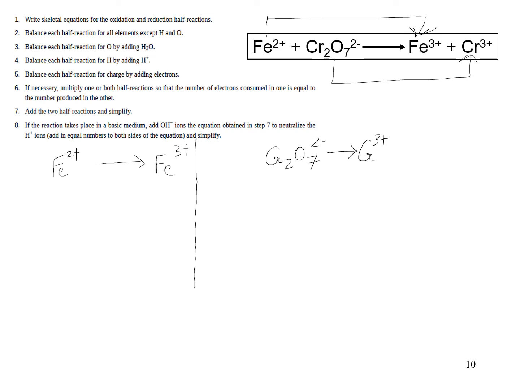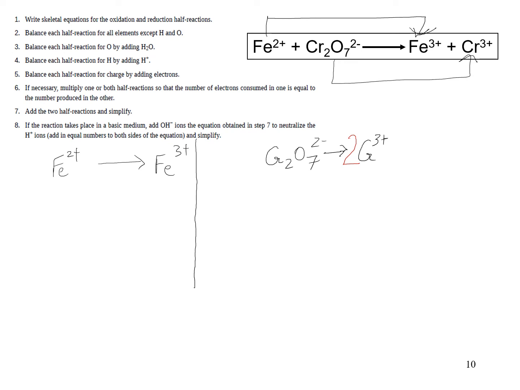How many do I have on the reactant side? 2. On product I have 1, which means I have to put a 2 right here. So let me make space for 2. I'll put this arrow right here, and then we balance the number of chromium atoms. So this is 2.